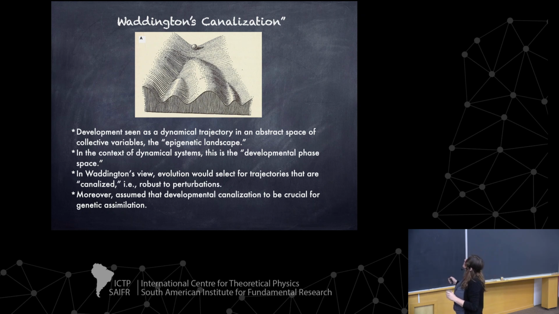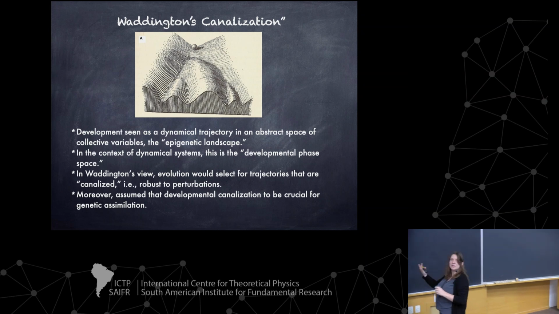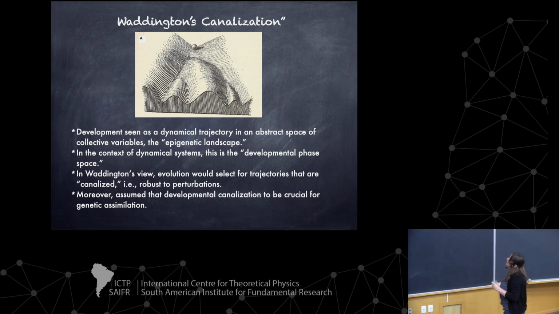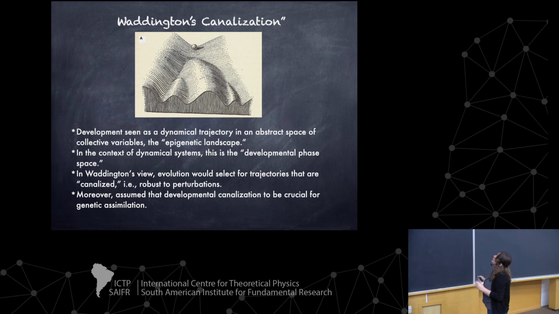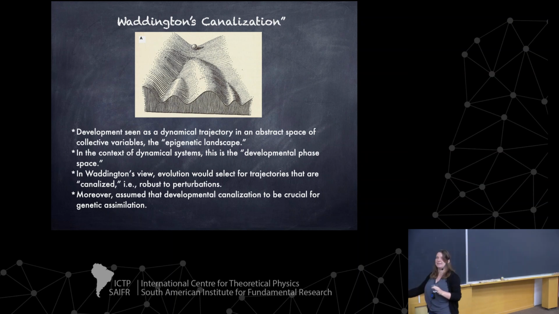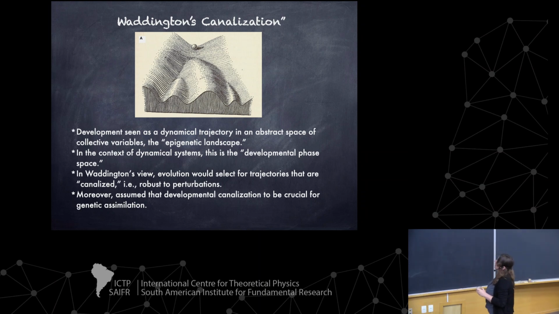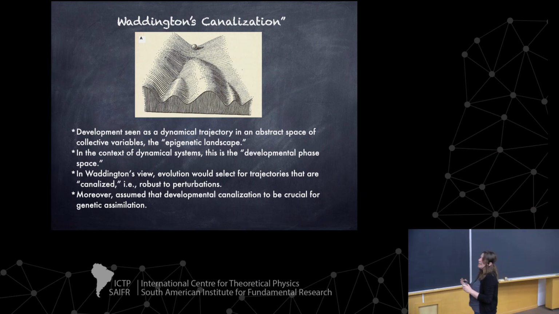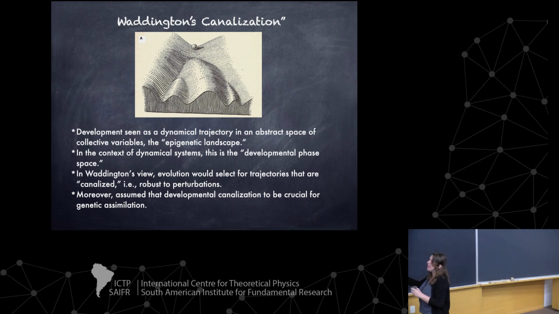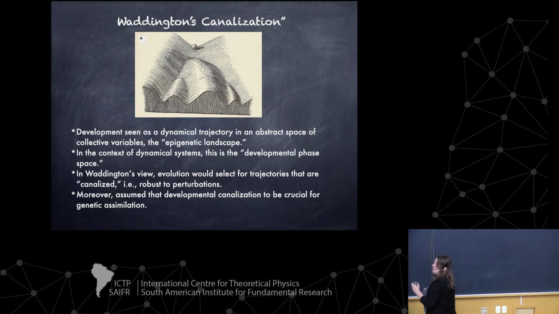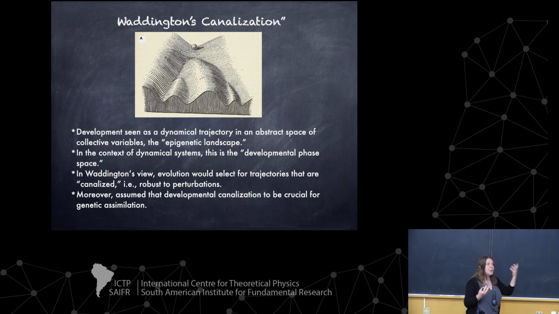So you could think about this as the developmental phase space. That's the way we would talk about it. And his idea was that evolution also selects trajectories like this. So certain trajectories will be canalized, and so that's the canalization theory. That means that evolution will have a tendency to make sure that you go certain trajectories and you'll be robust to perturbation. It is amazing how much stochasticity there is in these developmental embryos and stuff like this, but it usually goes right.